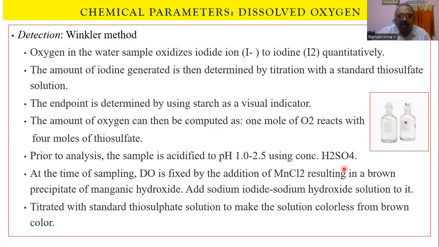When the entire contents of the bottle are titrated with standard thiosulfate solution to make the brown color colorless, the amount of standard sodium thiosulfate solution obtained in the titration is used to compute the DO present in the water sample or wastewater sample.